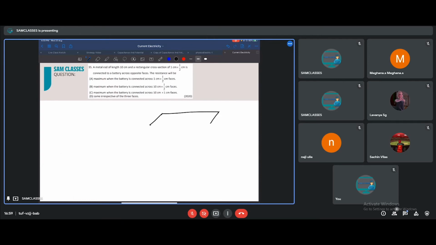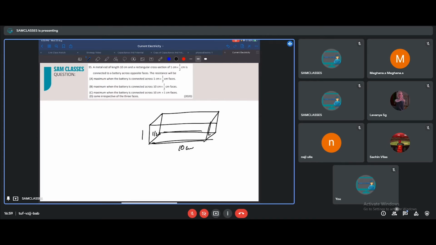Correct. They're given the length is 10 centimeter. Cross section of 1 centimeter and half centimeter. Connected to a battery.